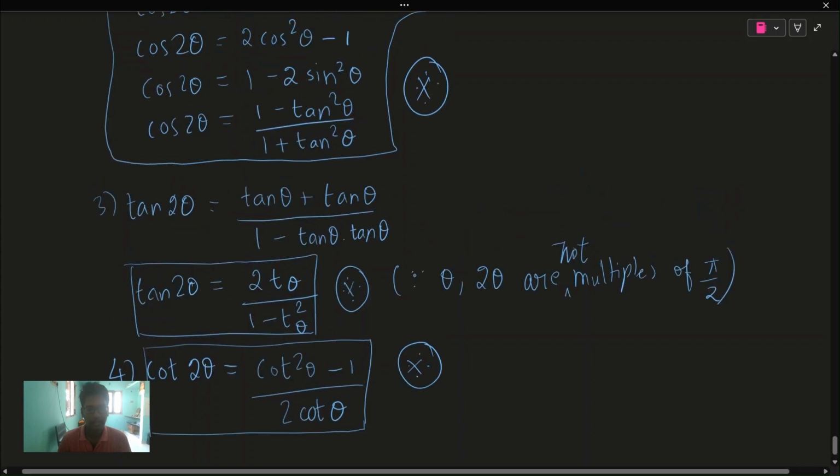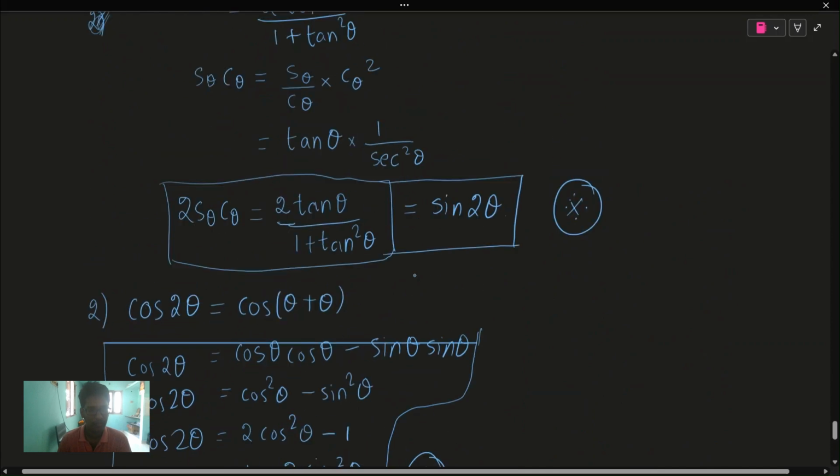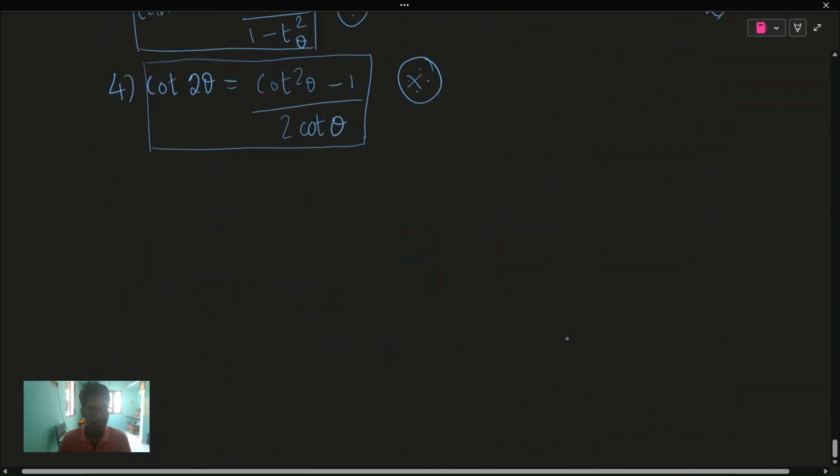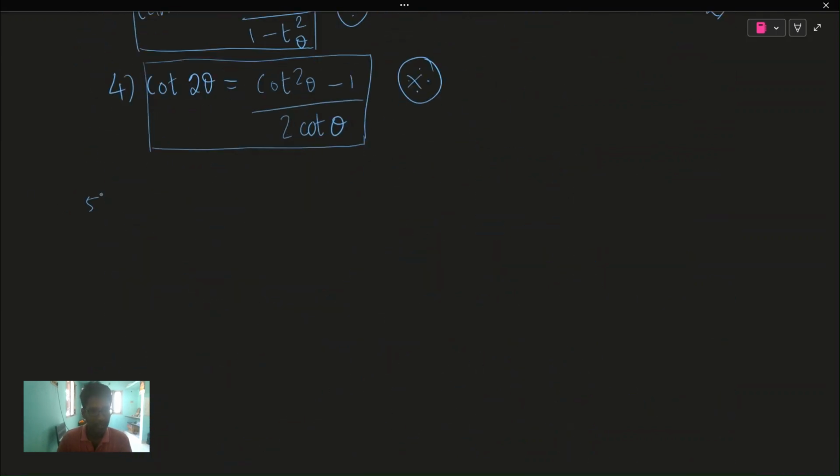Now you all saw how it behaves in terms of 2 theta. And let's see how it behaves with 3 theta: sine 3 theta, cos 3 theta, tan 3 theta. First, sine 3 theta equal to 3 sine theta minus 4 sine cube theta.